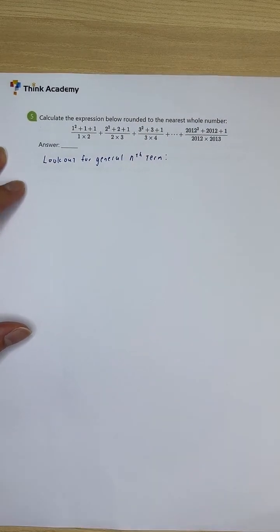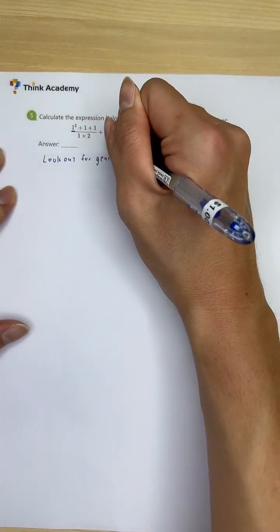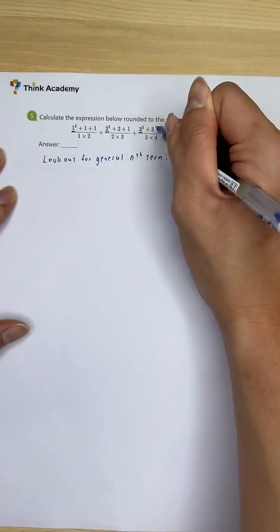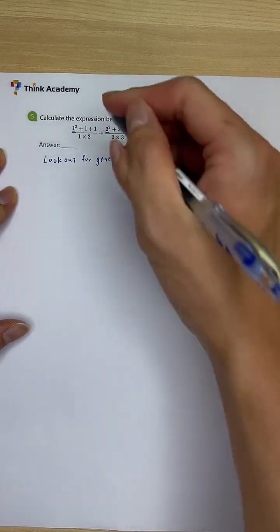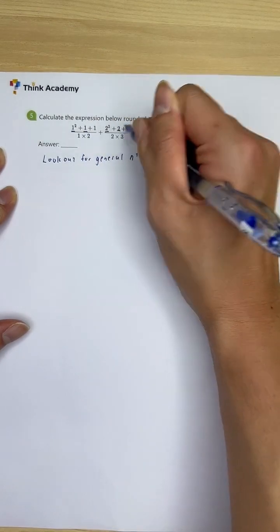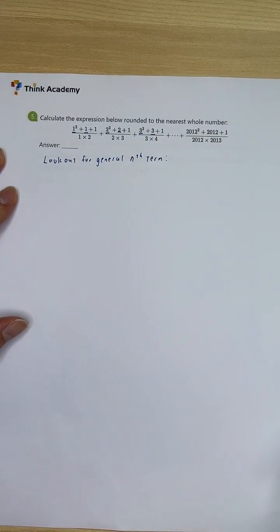So what is going to be the nth term over here? You notice there are quite a few things that are moving. The 1 squared, 2 squared are moving, so definitely you expect the nth term to be n squared. And this one, 1, 2, 3, is going to move as well, so you are expecting an n.